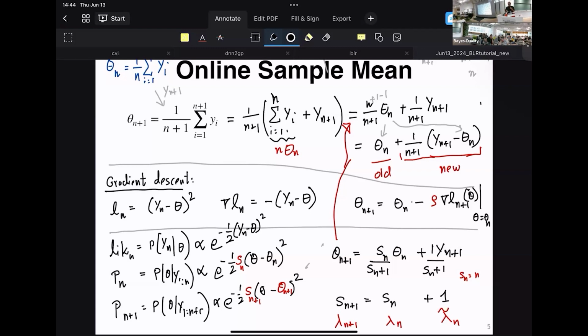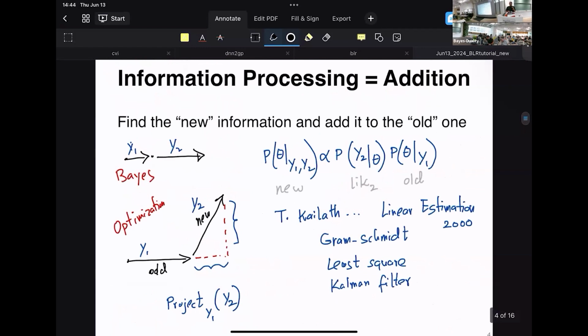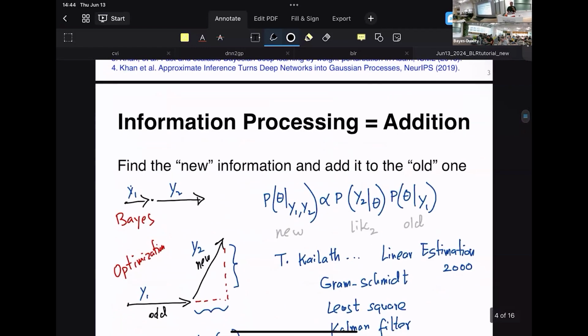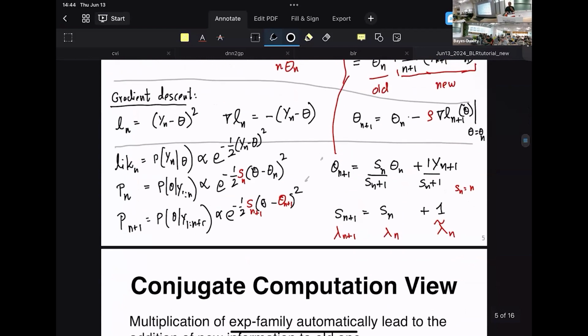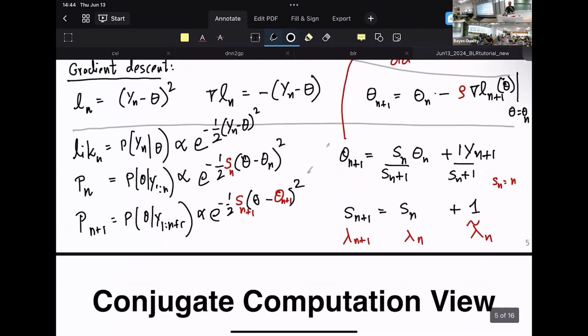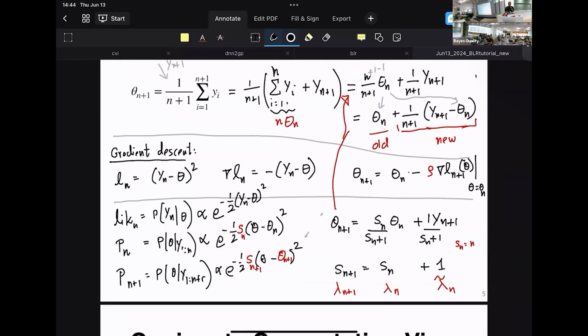So when we want to add information, it may not seem like adding like this kind of addition, like what is shown here. Hope you can see. It doesn't seem like that, but lambda 1 plus whatever I wrote here, lambda n plus lambda tilde n, you can simply add them, but the consequence is that you get this kind of weighing thing here.